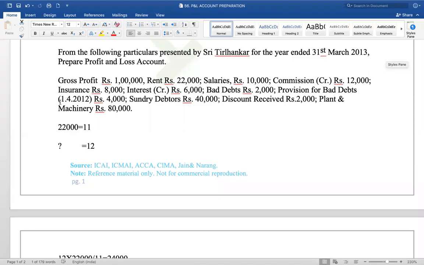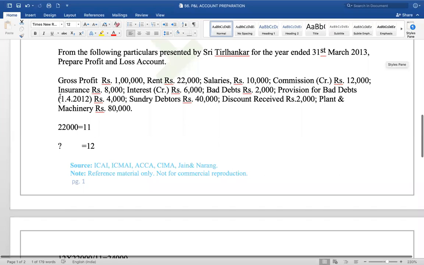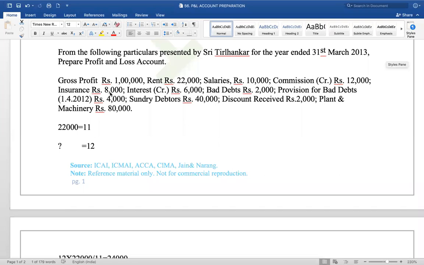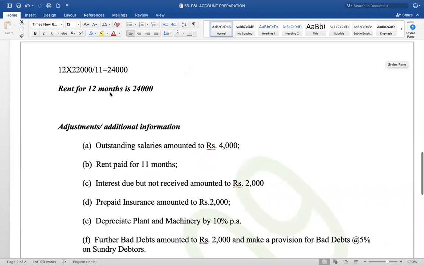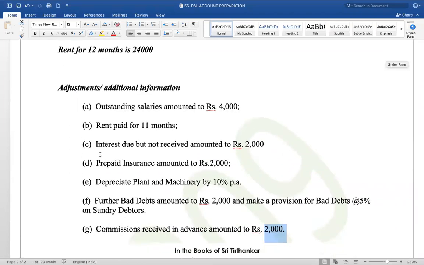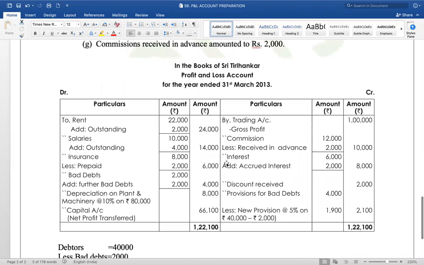So insurance is 8,000. Okay, let's come to the adjustments. Is there any adjustment for insurance? Prepaid insurance amounted to 2,000. Okay, insurance, is it an expense or income? Insurance premium paid is an expense for the company, so it is debited.